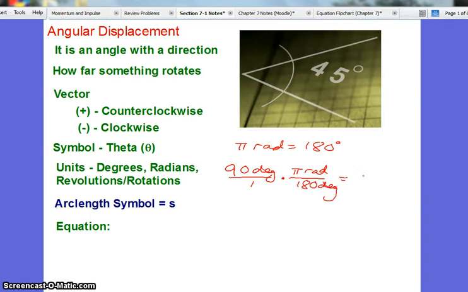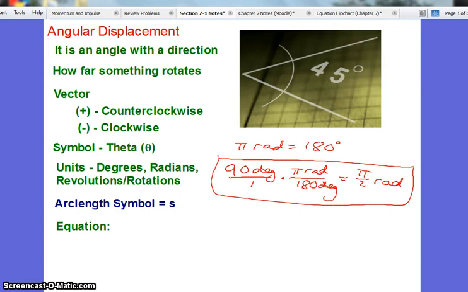Degrees cancel out, and I get pi over 2 radians. It's okay to not have the number pi in there. It's okay that the number of radians might be just 5. We can have 5 radians. You don't always have to have that value of pi in there.